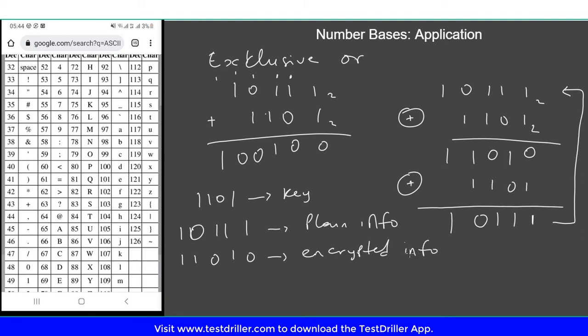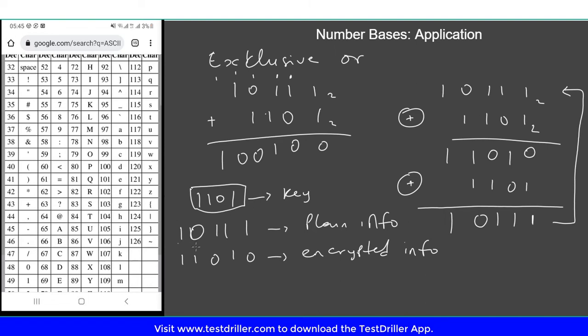Now, the interesting thing is if I have a particular key and I perform this special addition with this plain info, it will give me this encrypted info. And then if I add this same key to the encrypted info, it gives me back the plain info. So the basic idea is, imagine I want to send the information 10111 to someone.